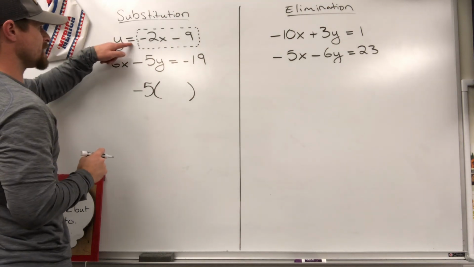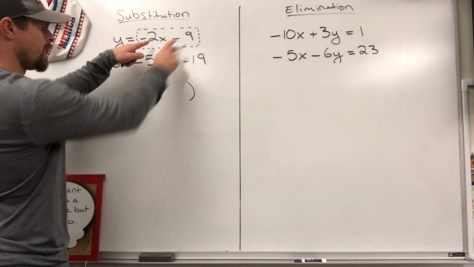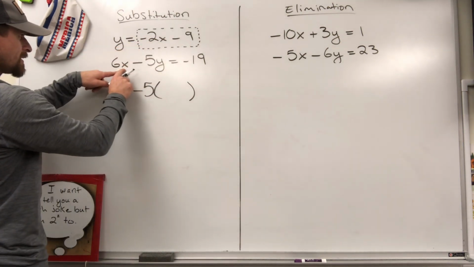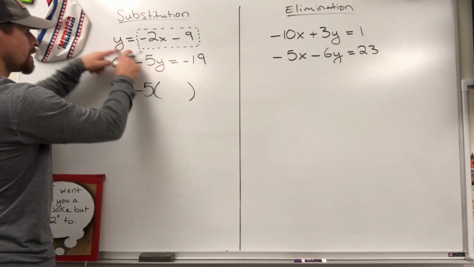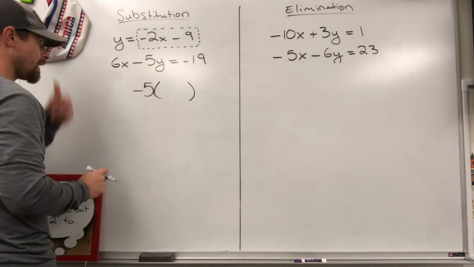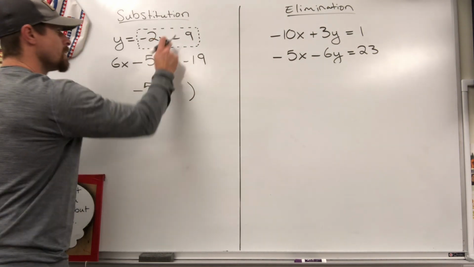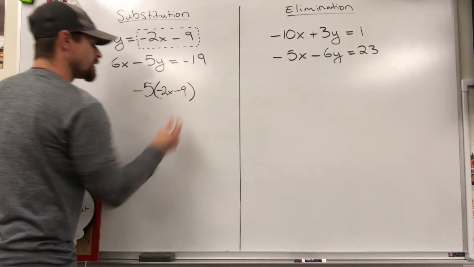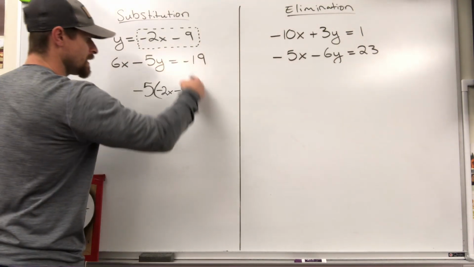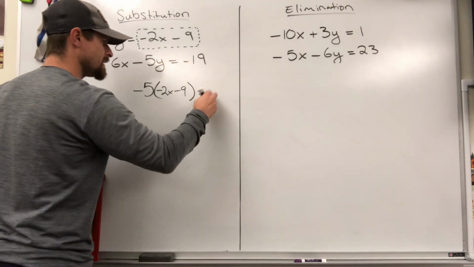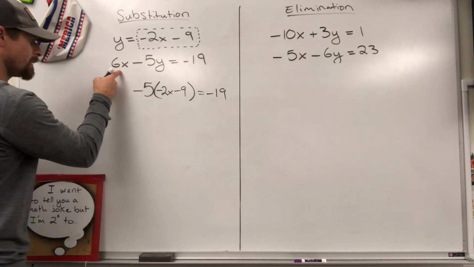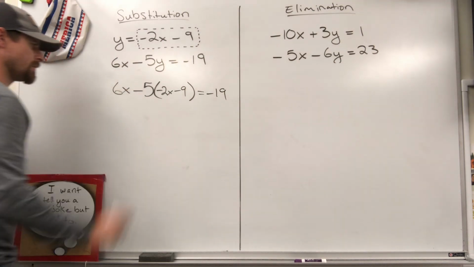If this was x equals, and there was an expression over here, this information would go where the x is. But because this is equal to y, we're going to put it right here next to the negative 5. So I take negative 2x minus 9, put that right there in the parentheses, and then I bring my equal sign down, my negative 19 down, and don't forget about this 6x that we haven't brought down yet.